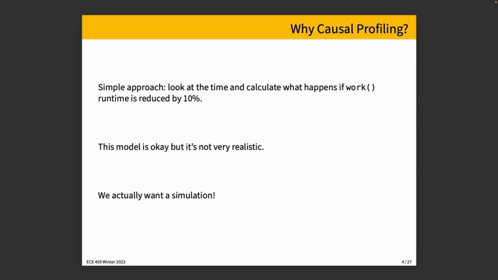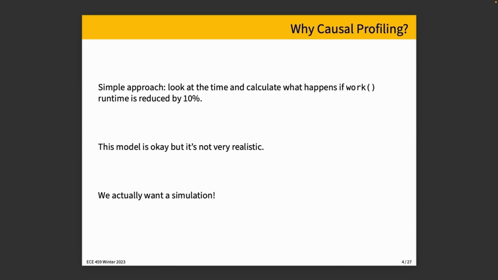The problem is it's not actually going to reflect reality, right? It's not that simple. What we really need is a simulation. Speeding up a particular function by a certain amount potentially produces some good benefits. Ideally, it is a lot of benefit, but it's not a guarantee, because speeding up that particular function might not make that big of a difference.